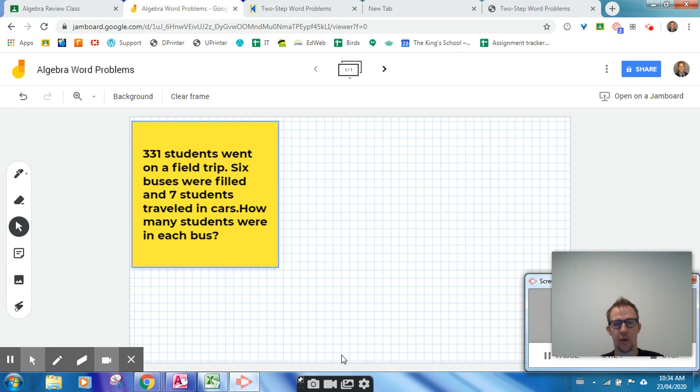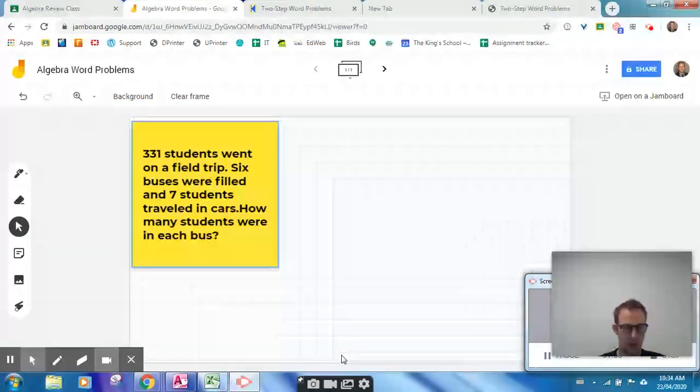So maybe they were going on a field trip to Oak Hammock Marsh, or the Museum of Human Rights downtown, but that would basically be almost our entire school, 331 students. And the thing that you're trying to figure out is how many students were there on each bus.